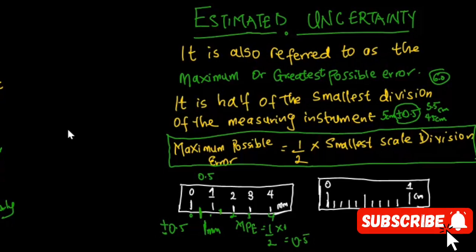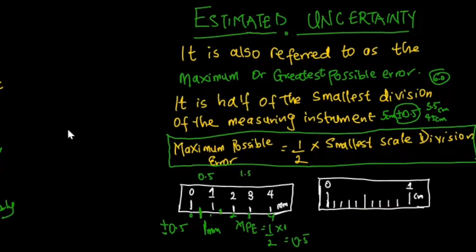That's not possible. Or if I attempt to read something and say that from this meter rule I got 1.5982, this is totally impossible because you can't get that from this meter rule. So this is what will now bring about an error. So that maximum value you can get is 0.5 in this case. So in an exam, it is written as plus or minus 0.5. So I can have 3 plus or minus 0.5.